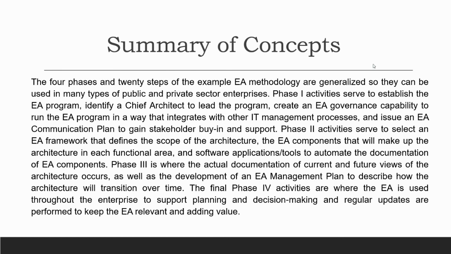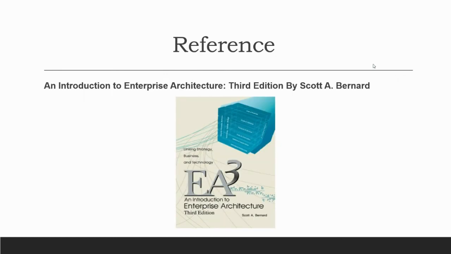Phase 3 involves the actual documenting of the architecture's present and future perspective, as well as the creation of an EA management plan that describes how the architecture will evolve over time. The final phase involves using the EA throughout the company to assist planning and decision making, as well as performing frequent updates to keep the EA current and adding value.